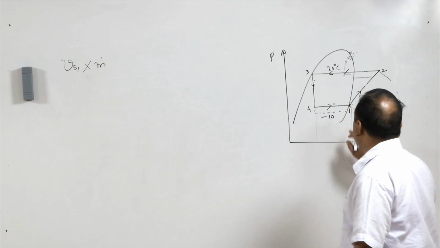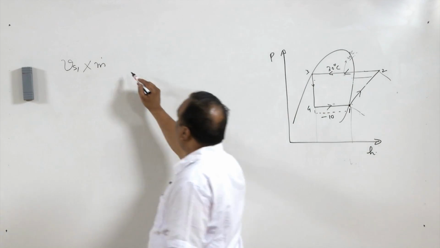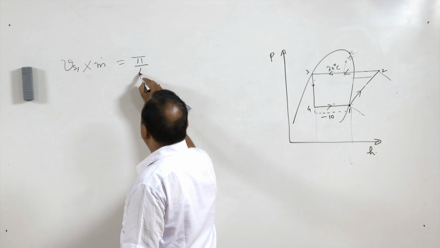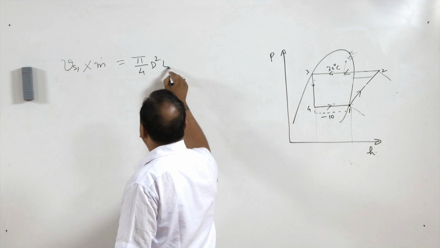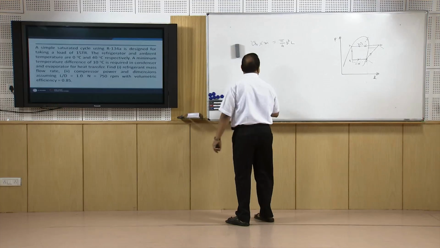This is the total volume which has to be discharged. Now, this volume is going to be equal to the swept volume of the compressor. D is the diameter of the compressor piston or the compressor cylinder.